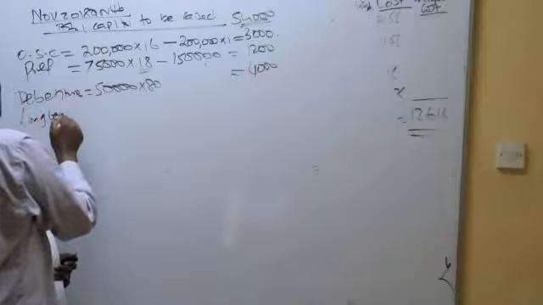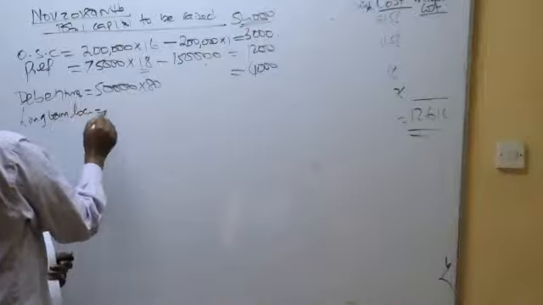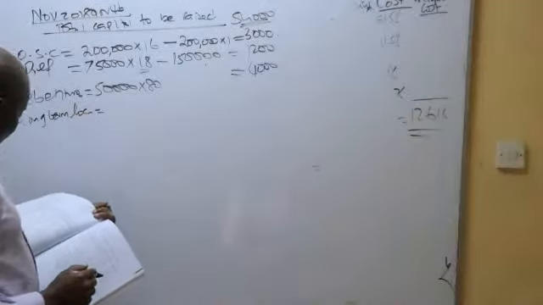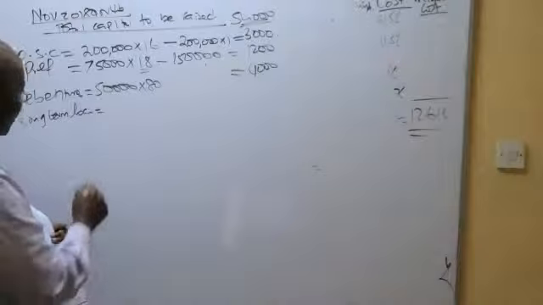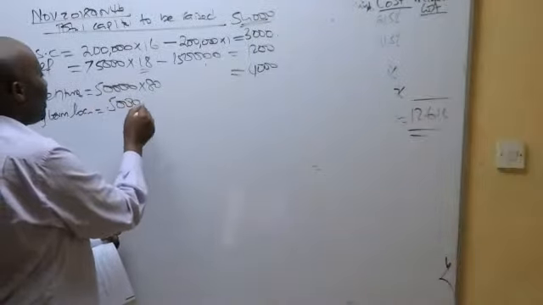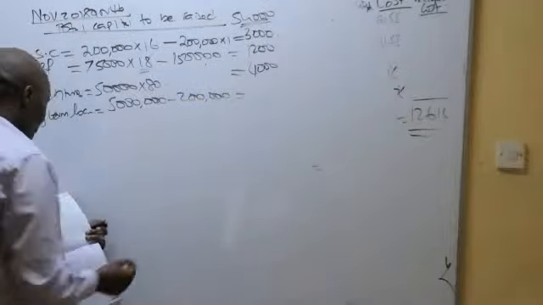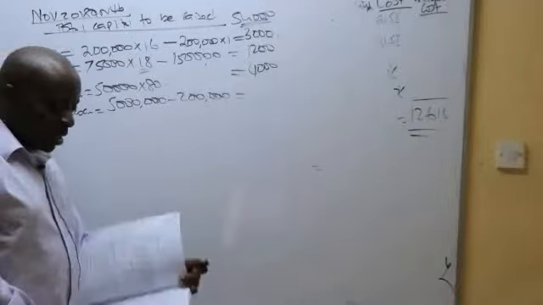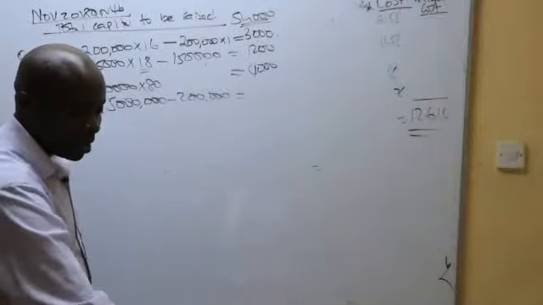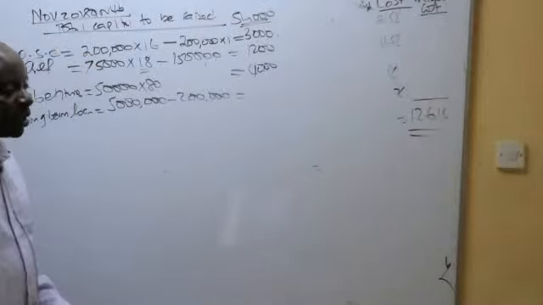And then we have the long-term loan. What do we have? It's 5 million, but here we have got 200,000 as flotation.